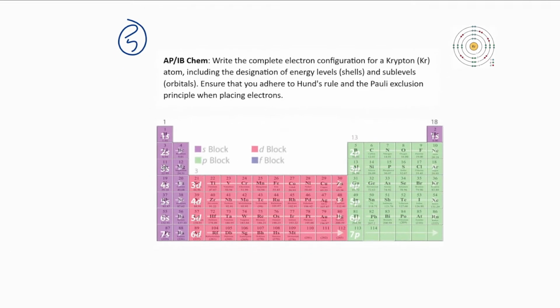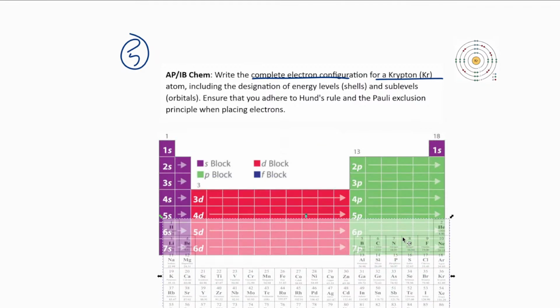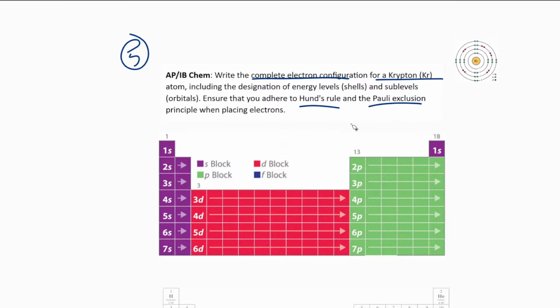This is an AP chemistry type question here. Write the complete electron configuration for krypton. And they want you to talk about energy levels in subshells. But that's just that 1s2, 2s2 stuff. So if you're doing that, you are writing the energy levels in subshells, and you will follow Hund's rule and the Pauli exclusion principle.